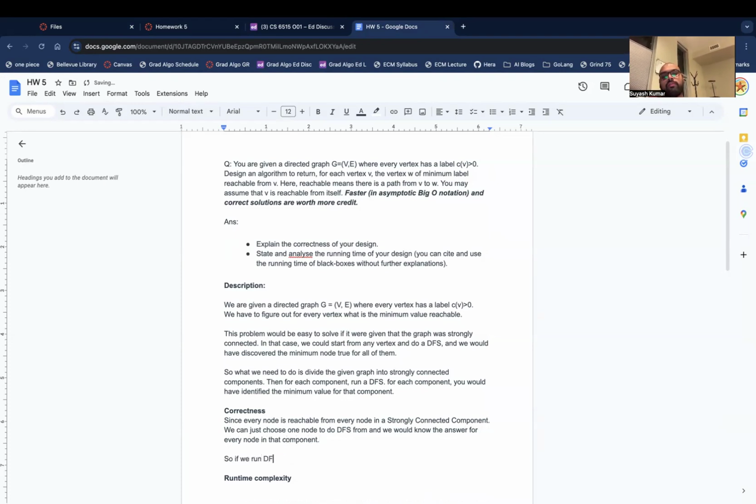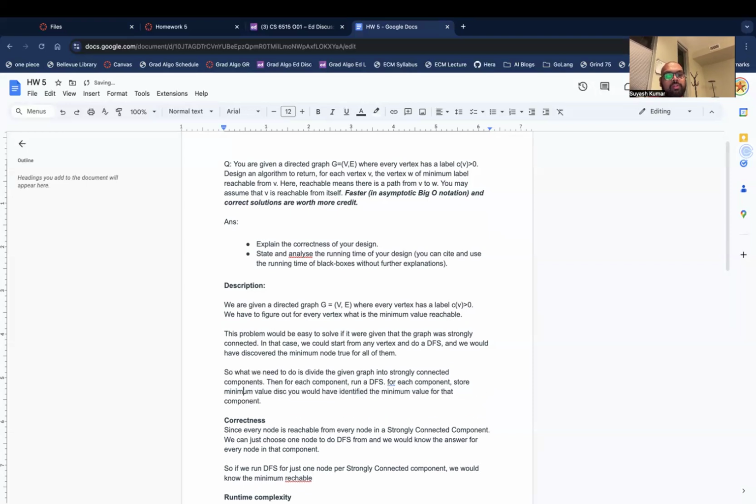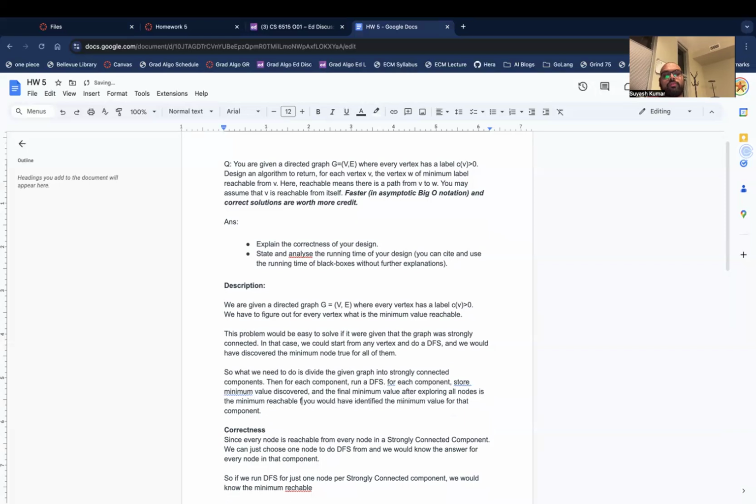So if we run DFS for just one node per strongly connected component, we would know the minimum reachable. So the minimum value discovered, and the final minimum value after exploring all nodes, is the minimum reachable for each node in that strongly connected component.